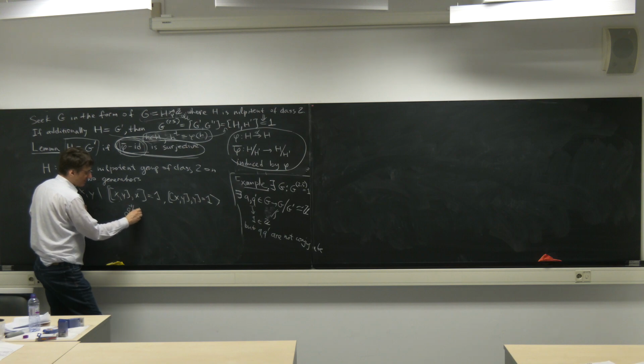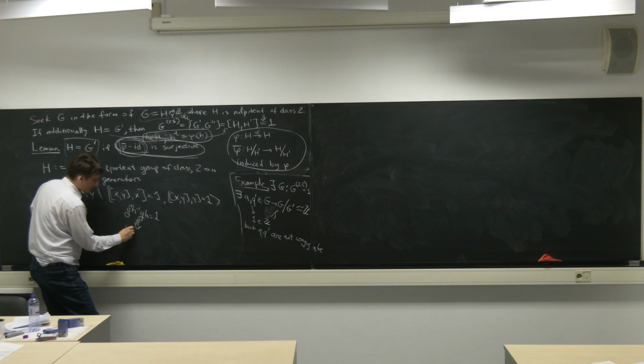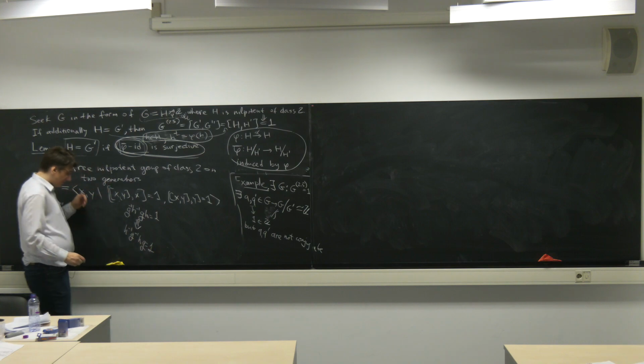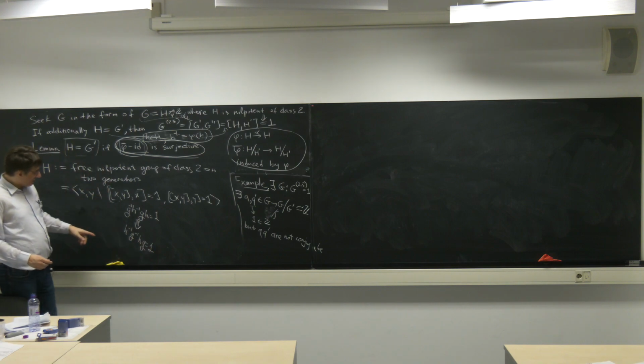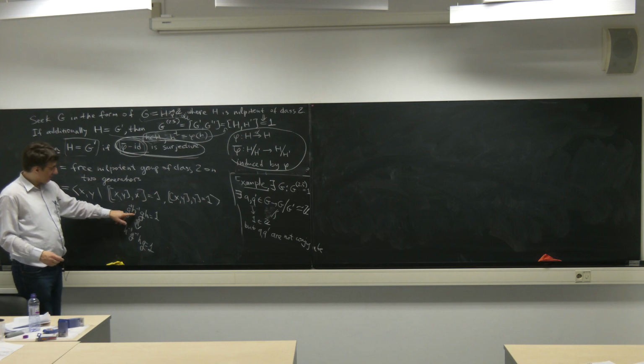G inverse H inverse GH equals 1 is equivalent to H inverse G inverse HG equals 1, because you can conjugate both sides by H here.